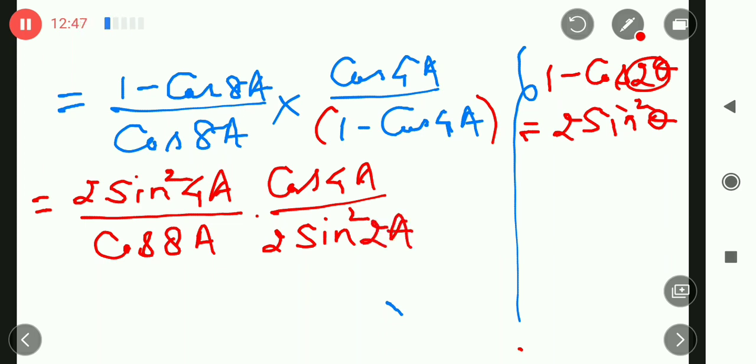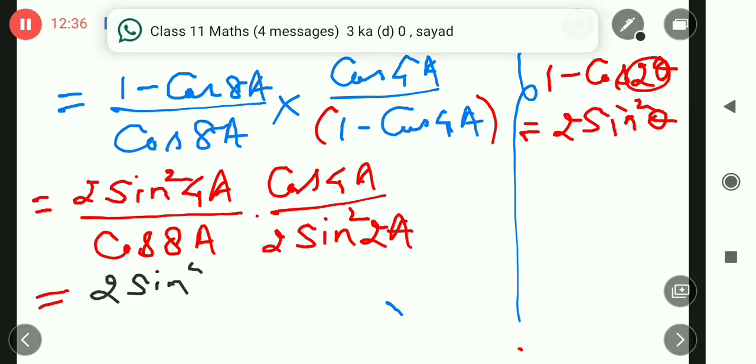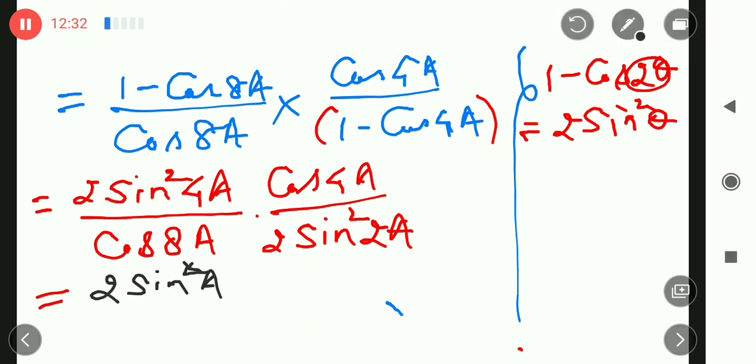Okay, and now see what we can do. Can we write the same thing in a different way? Can you write 2 sin square a, okay, not sin square a, actually I made a mistake.